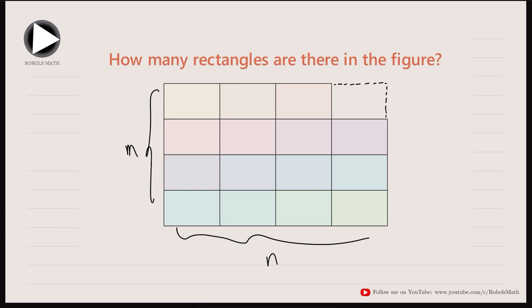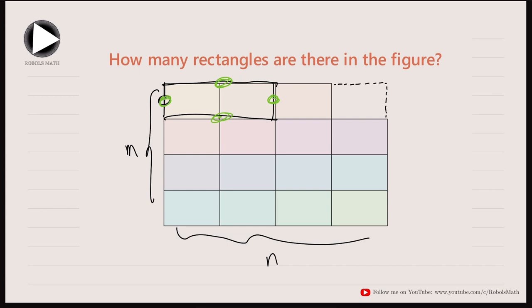To make a rectangle, for example, we pick this rectangle here. Basically, what we are doing is we are choosing two sides. We are picking two vertical lines and two horizontal lines, which will enclose our rectangle.